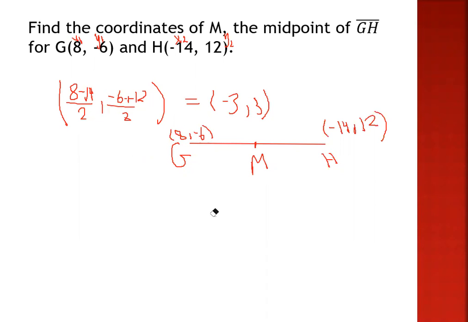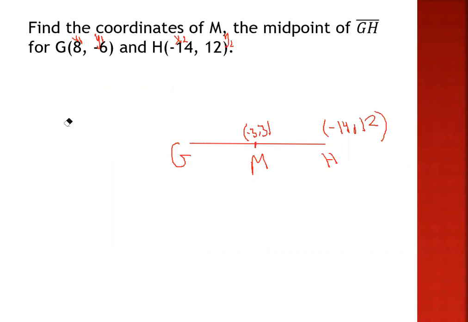Let me ask you a question. In case I don't have the starting point, but I have only the midpoint, like -3 and 3, and I'm looking for the first point. Is there anyone who can tell me how we can solve this question?